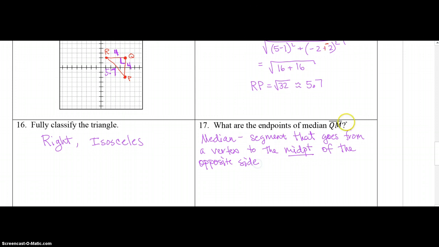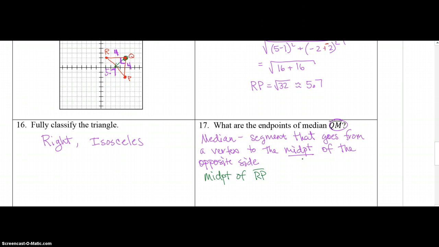So, it says QM. If we start at Q, we have to go to the opposite side. We have to find the midpoint of the opposite side. So, we're going to find the midpoint of RP.